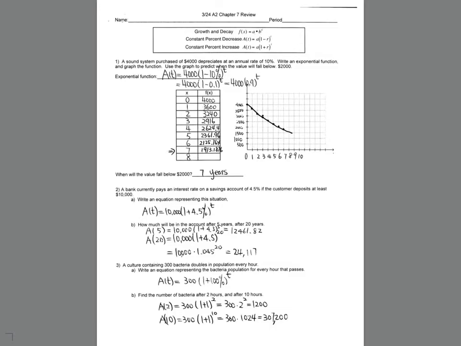So our equation for letter A is A of t equals 300 times 1 plus 100% raised to the t power. 300 is the initial population of the bacteria, and 100% means doubles. For letter B, check your answer, replacing t with 2 and 10.